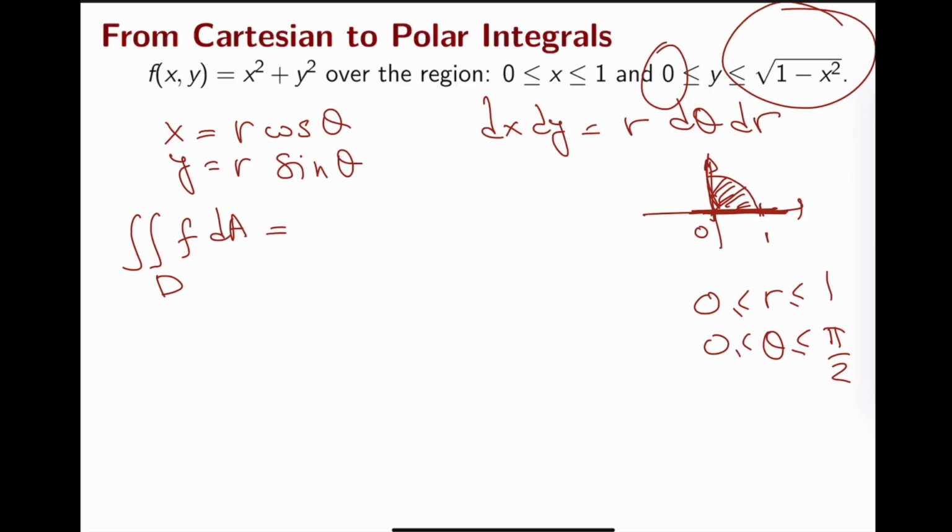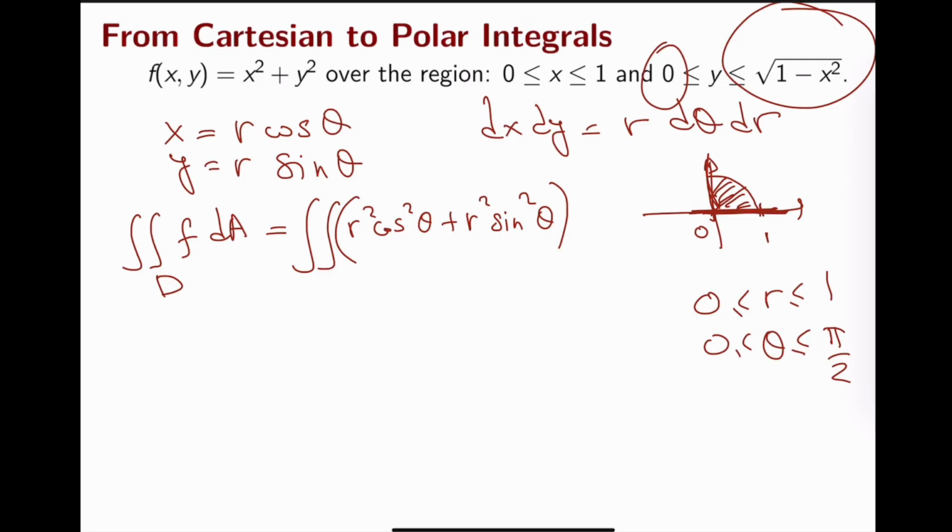Okay, so the double integral would be then the double integral where now we're going to substitute this function by r cosine and r sine. So x squared will be r squared cosine squared plus y squared, r squared sine squared.